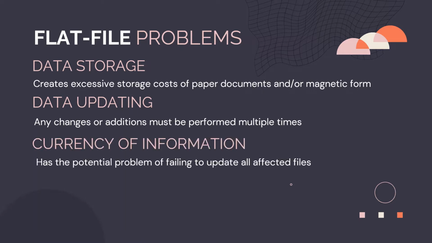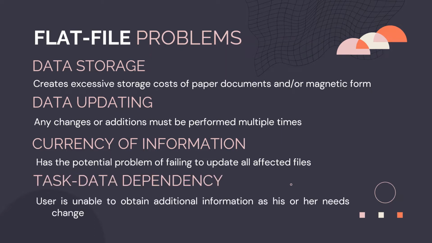Next, we do have the currency of information, and this happens on updating kasi since mas madami tayong files just for one data, may times na nagkakaroon ng failure to update all affected files. And lastly, we have task dependency, in where the user is unable to obtain additional information as his or her needs change.